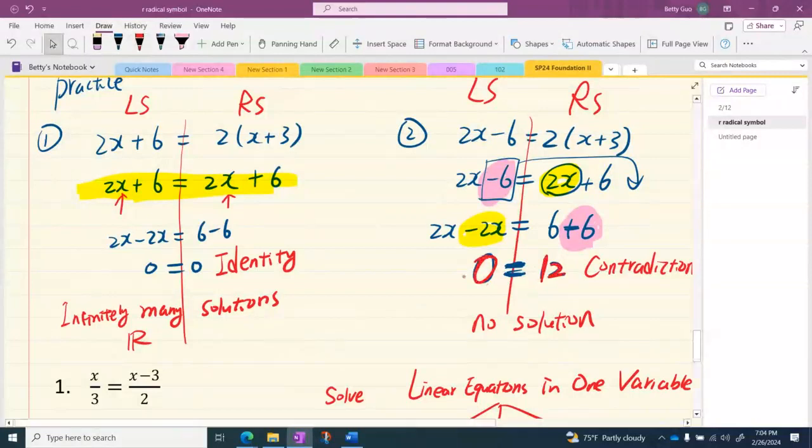It is always false. No matter what value we let x be equal to, the left side never equals the right side. So that is a contradiction. Contradiction has no solution.